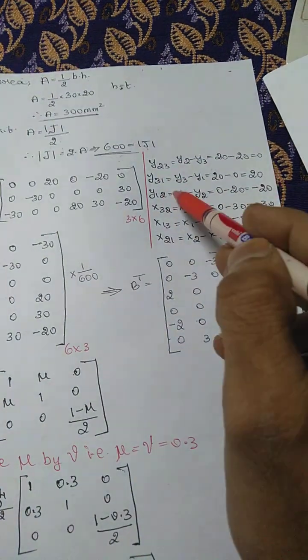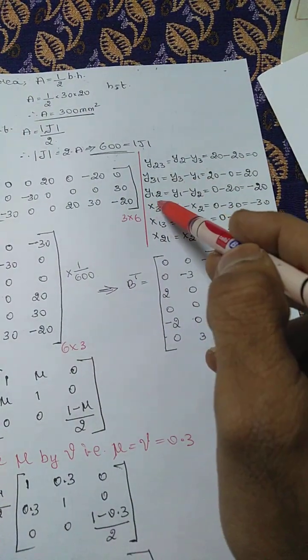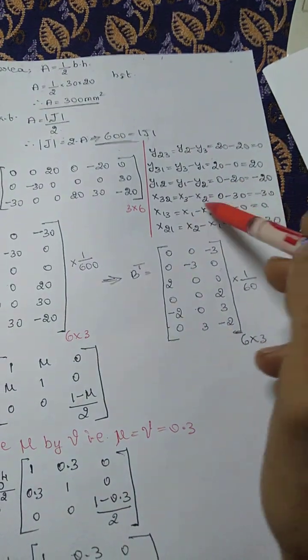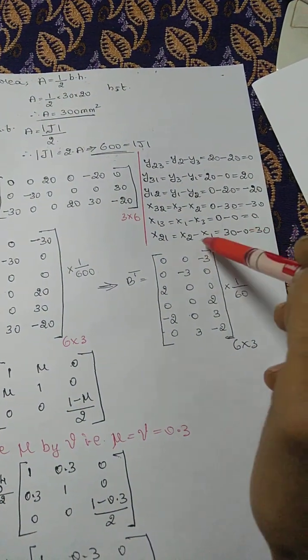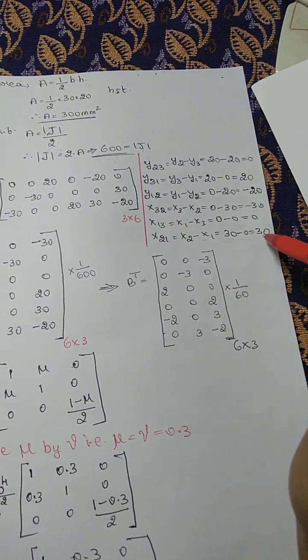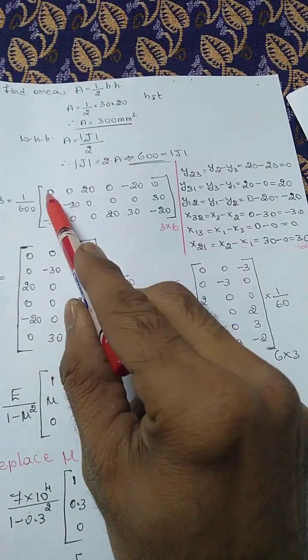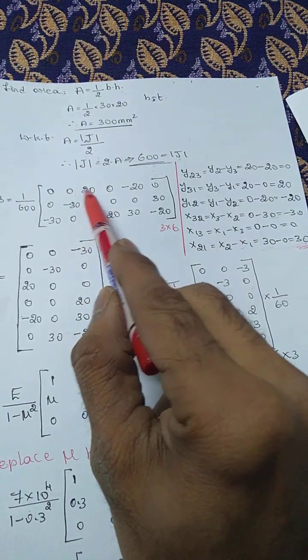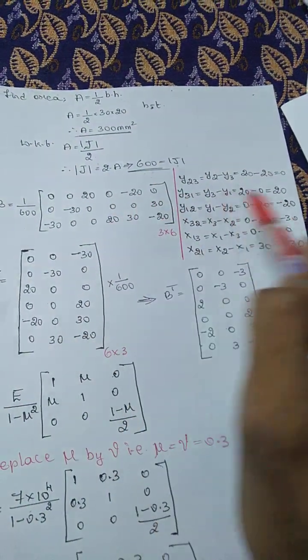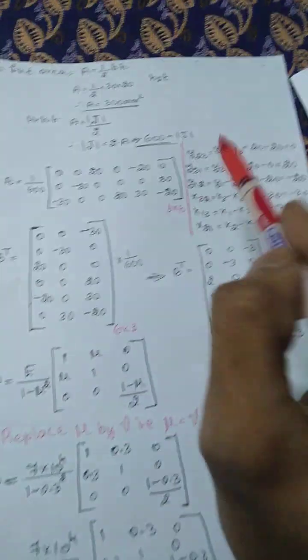Similarly y3 minus y1, y12 is y1 minus y2, all of these you have to substitute and you get this answer. So y23 is 0, here 0, and here 20, 0 minus 20. Similarly you have to substitute the others.